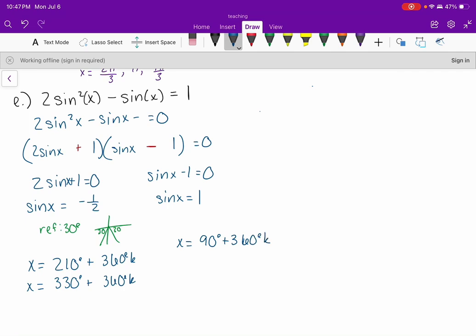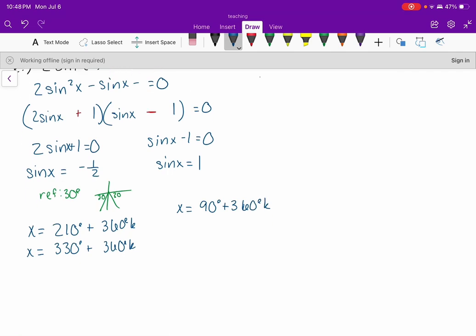There we go. That looks a little nicer. So if it had said for all values, we would just box this in and we'd be done. But it wants in the interval, so we're just going to write them all out. So it'd be 90, 210, and 330.